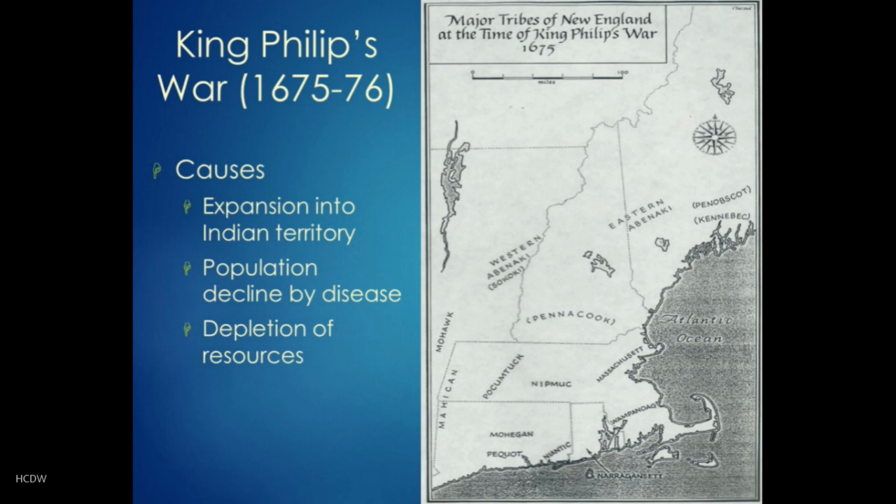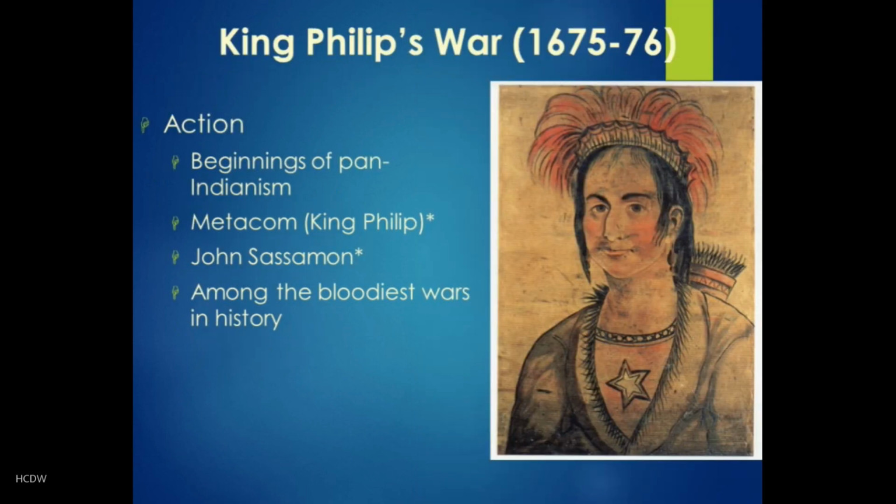Now, by the mid to late 17th century in this area, we were starting to see the beginnings of Indian unity, although we're not there yet. There were lots of different groups, and if you remember back to some of my discussions in the very first chapter, we talked about the great diversity among Indian groups.